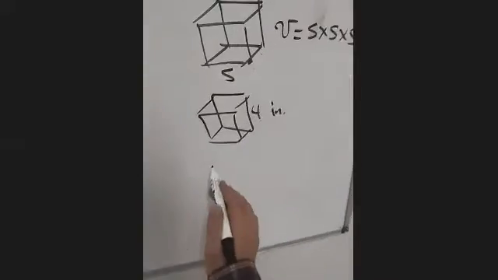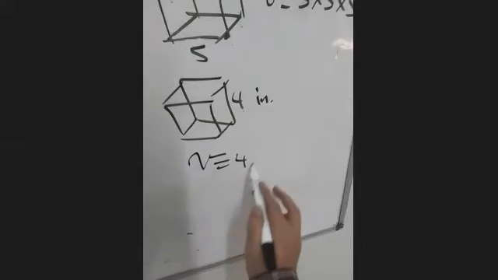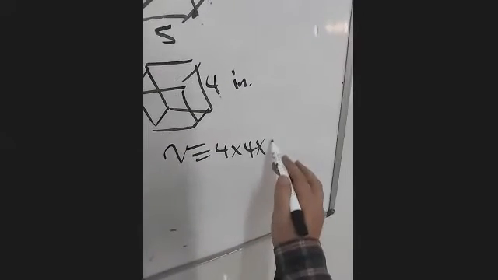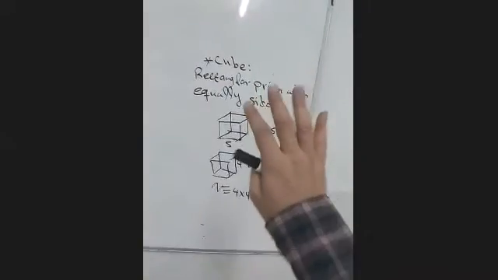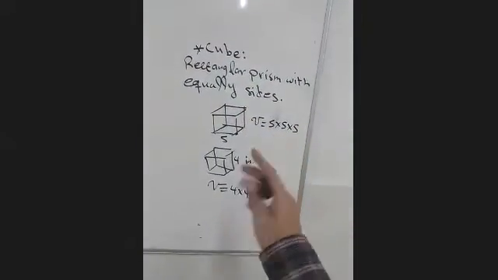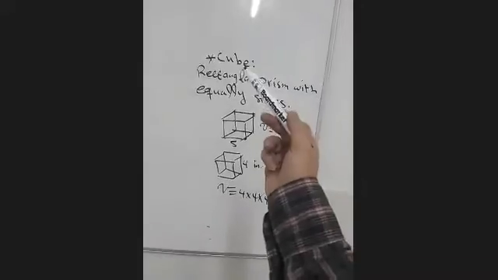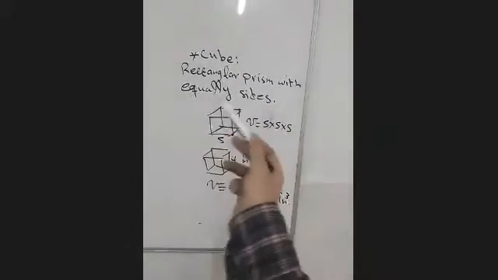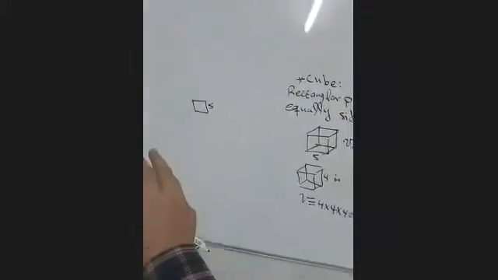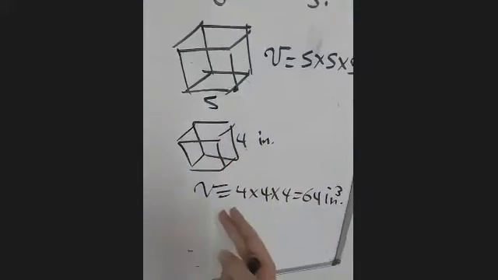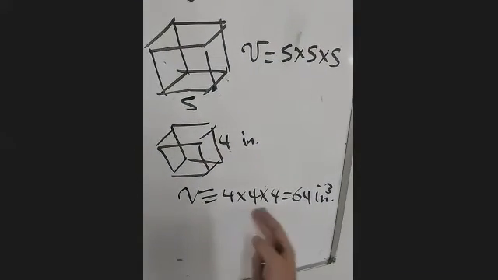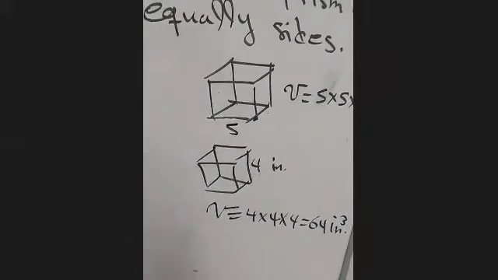So the volume equals 4 by 4 by 4, which is 64 cubic inches. This is a special case. I forgot to tell you about it in the previous lesson. A cube is a rectangular prism with equal sides. It's the same as the rectangular prism, but easier. All the sides are equal, so just multiply the side by itself 3 times and you get the volume.